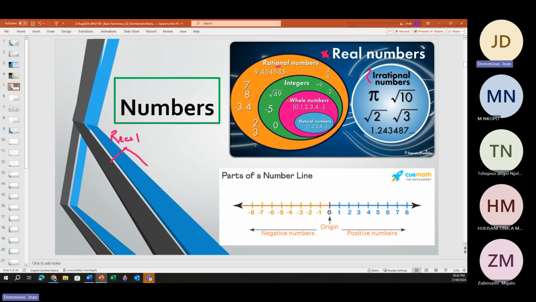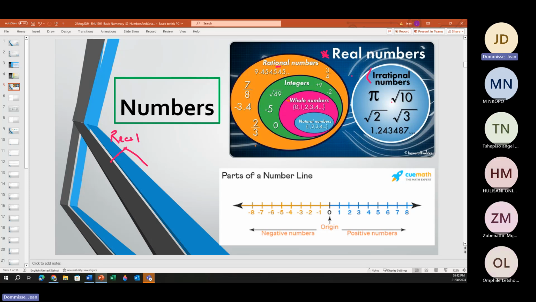I always call them the weird numbers, because it's a difficult number. It's not a whole number, it is not a natural number, it's not an integer. It's not something where you see a pattern in the decimals. So an irrational number is basically a number with decimals that don't have any pattern or order in it.